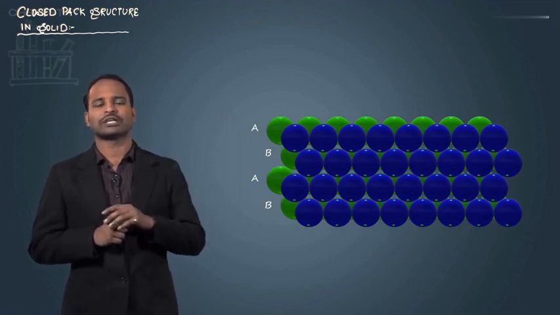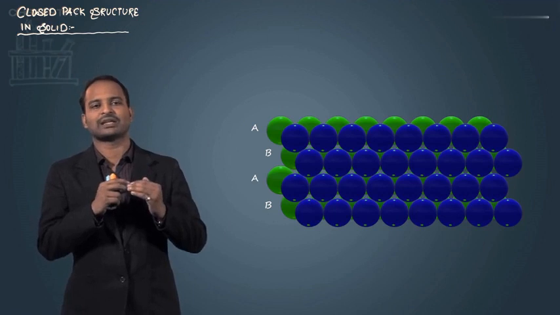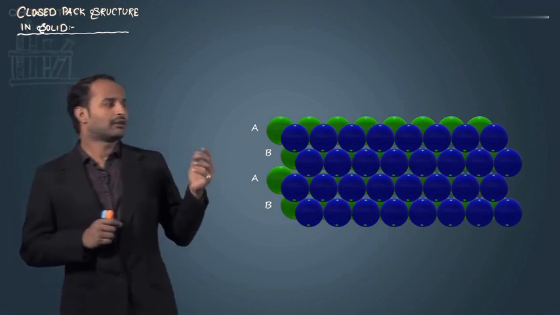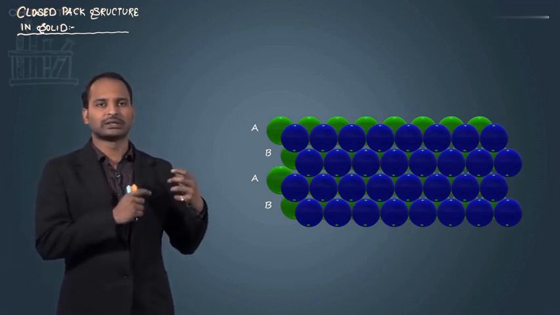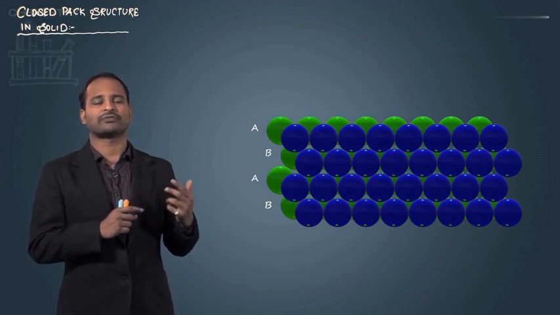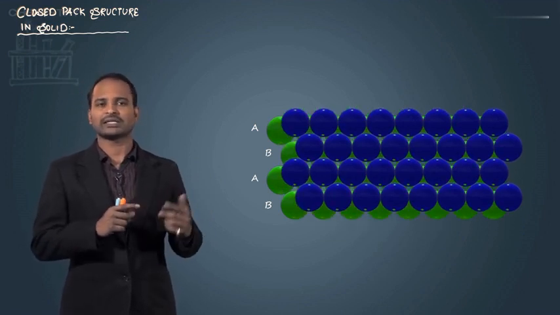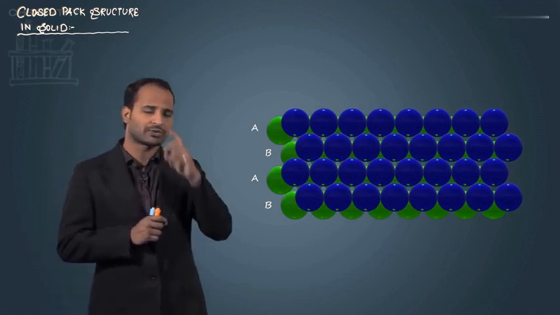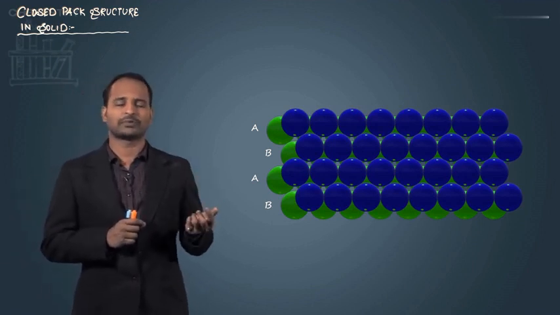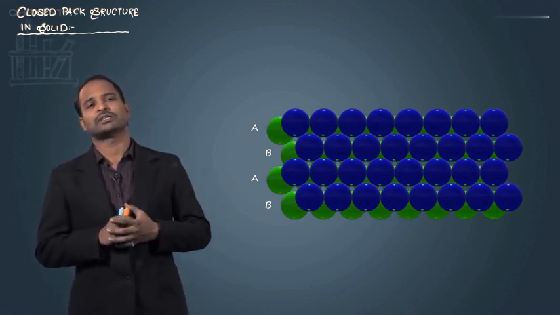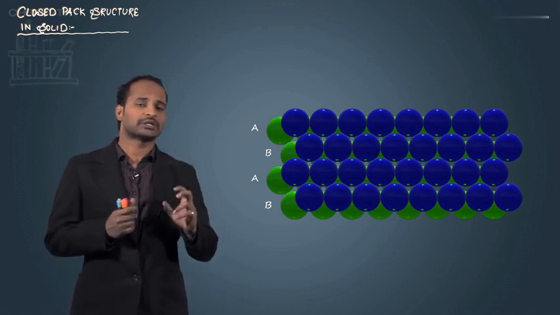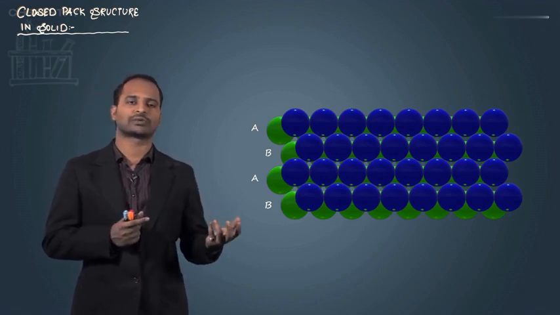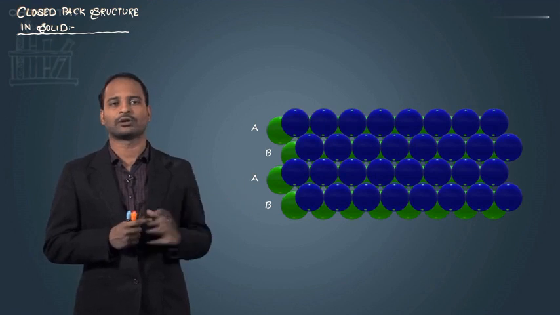Once I keep a layer on a layer, I get height also and it becomes three-dimensional. When keeping the second layer on the first layer, there are two possibilities: I will keep the spheres of the second layer on the voids of the first layer, either on void A or on void B. Keeping the spheres on both void A and void B is not possible.